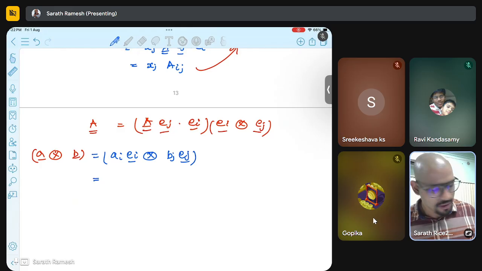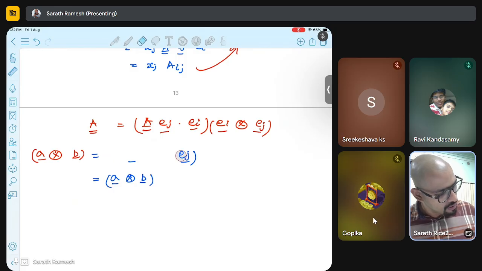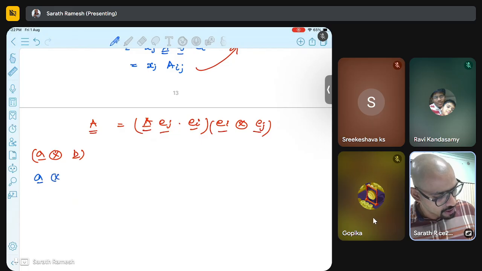So using the definition, let's write the components of A tensor product B, the ij component.